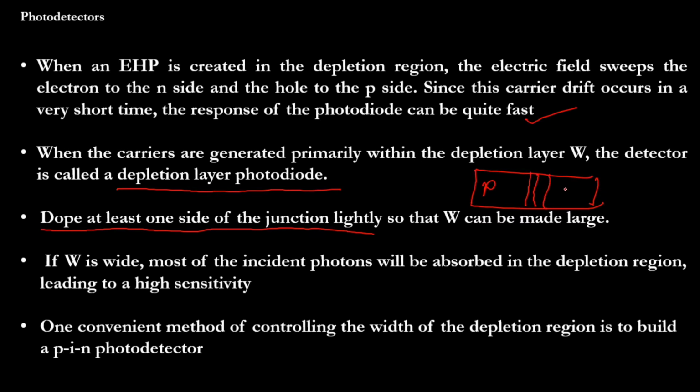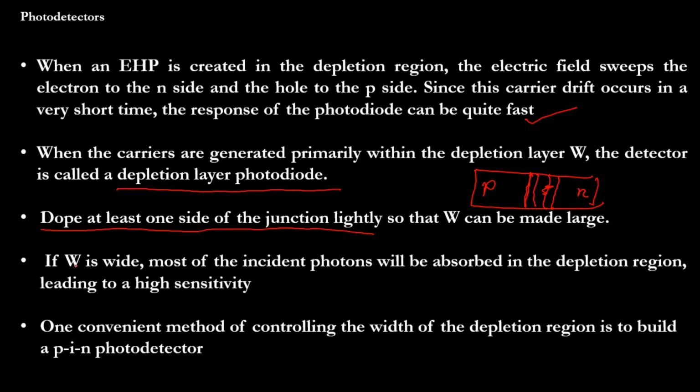If you do very light doping in the N region, the depletion region encroaches more towards the N region and less towards the P region. We cannot make both regions very lightly doped because it doesn't meet our goal with the device. So at least one side can have less doping. That is one solution for getting a large depletion region.